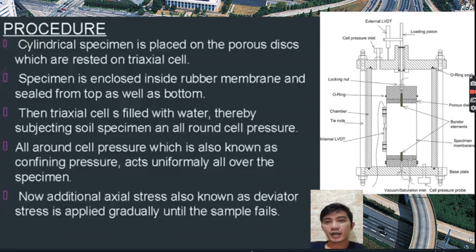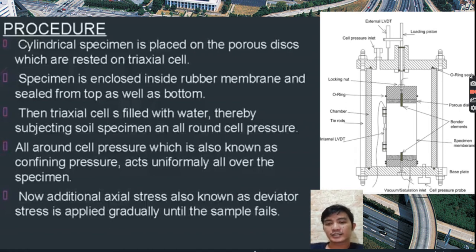Fourth, the all-around cell pressure, also known as confining pressure, acts uniformly all over the specimen. Last, additional axial stress, also known as deviator stress, is applied gradually until the sample fails.